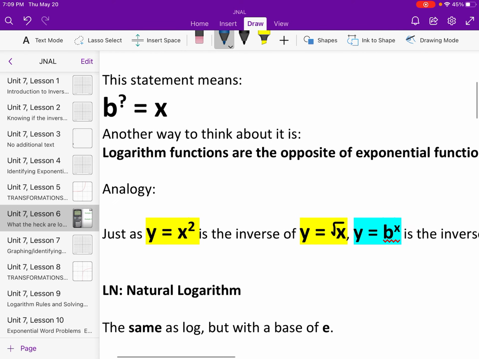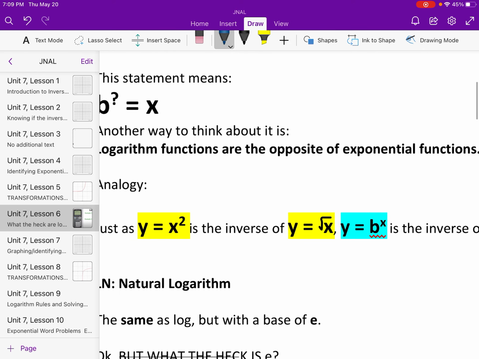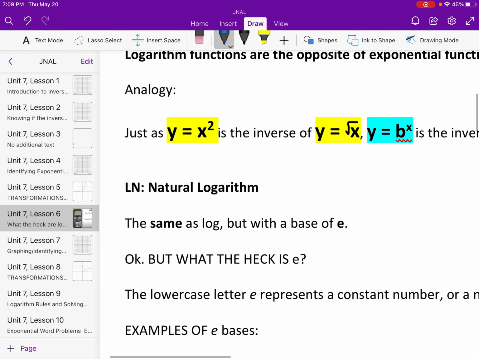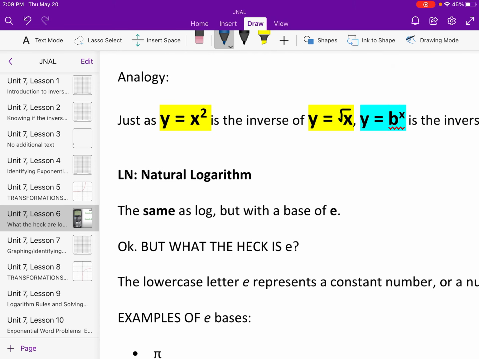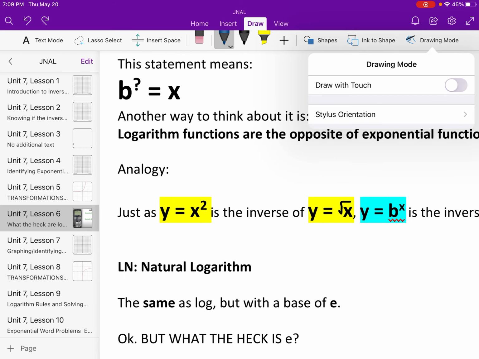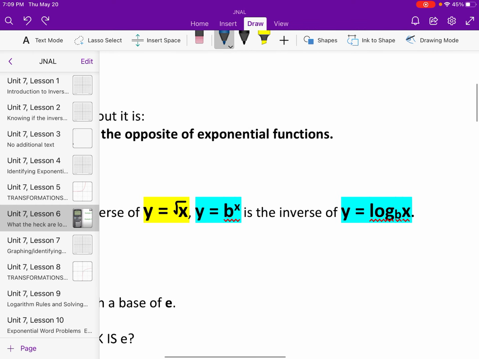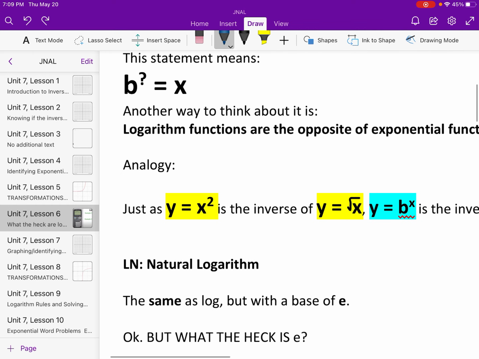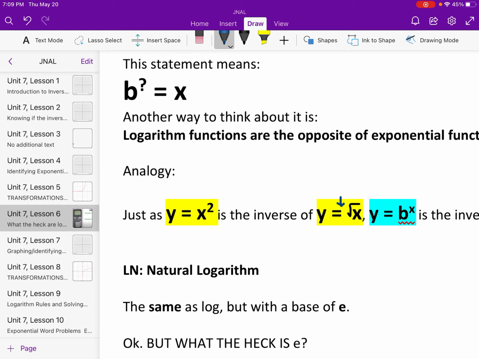Another way to think about this, like I said, it's the opposite of exponential functions. So just as a quadratic and square root function are inverses, to some degree, really it would be this, because as we know, that looks like that, and if we only had that, it would be like that, but there's really that also.